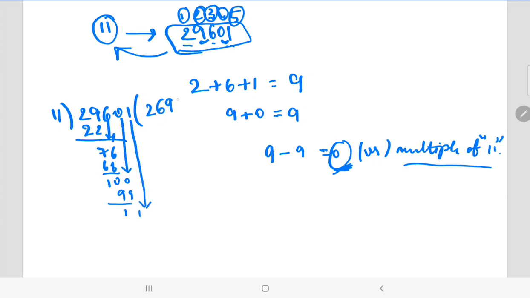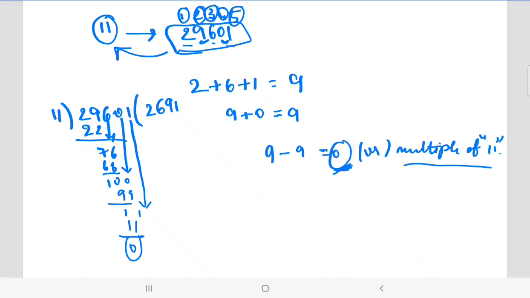We can take 1, where 11 1s are 11. 11 minus 11 is 0. So it is exactly divisible, because you tell a number is exactly divisible when the remainder is 0. So here the remainder is 0. So 29,601 is exactly divisible by 11.